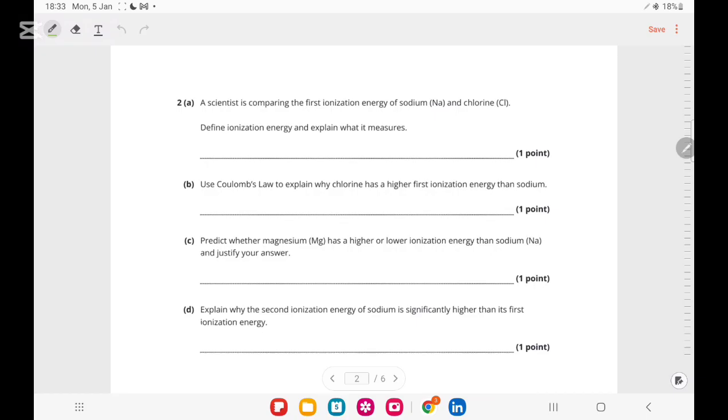In this question, they are saying define ionization energy and explain what it measures.